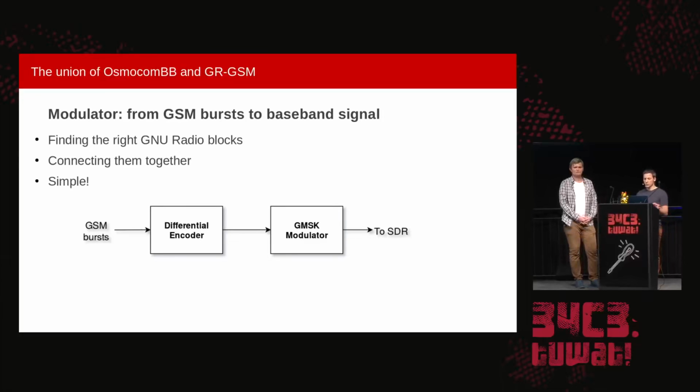So the first task was to implement the modulator, and it was actually quite simple because all of the building blocks were already in GNU Radio. I just had to figure out how to connect them together to make a working GSM modulator. There is already a GMSK modulator in GNU Radio, and with some blocks you can perform differential encoding, connect them together and hope that it will work, and it should work.